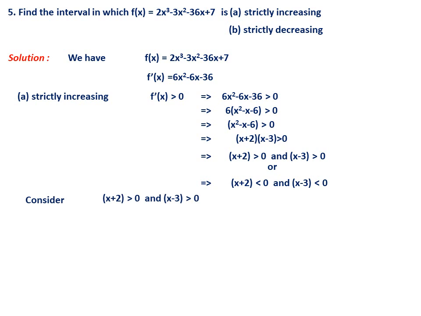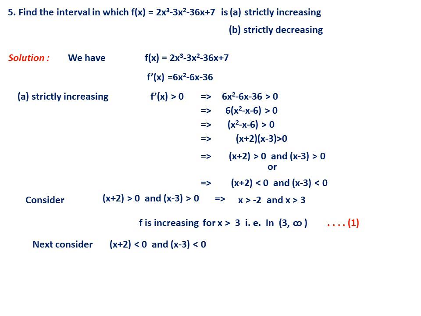Now take case 1. So x plus 2 positive and x minus 3 positive implies x should be more than minus 2 and x should be more than 3. What is common? So this implies f of x is increasing in the interval x more than 3, that is 3 to infinity. This is case 1. Next consider x plus 2 negative and x minus 3 negative. This implies x is less than minus 2 and x is less than 3.